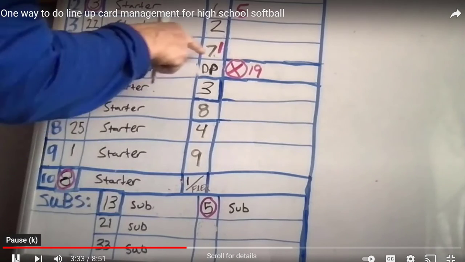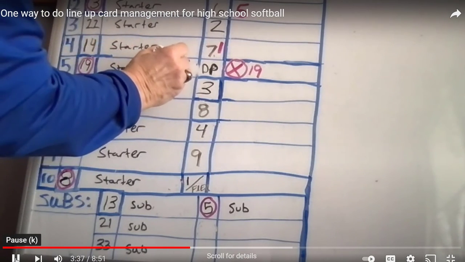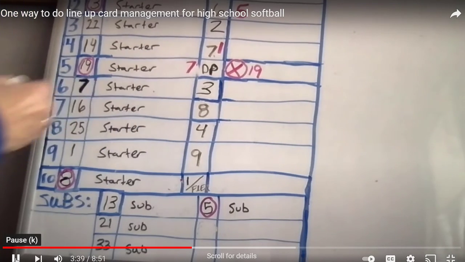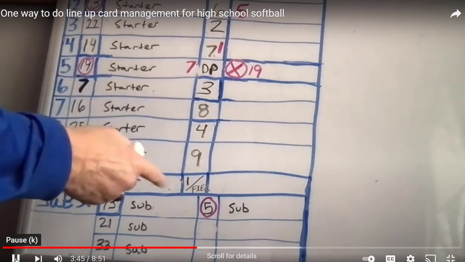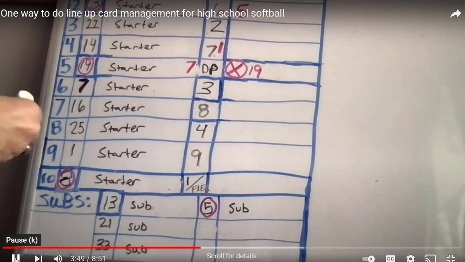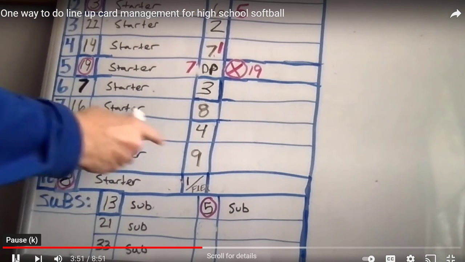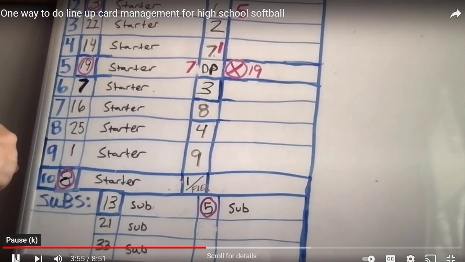So we're going to need a left fielder so our DP can go in as the left fielder. You don't necessarily have to write that down, but because the DP can play any position as long as she's not playing defense for the flex.